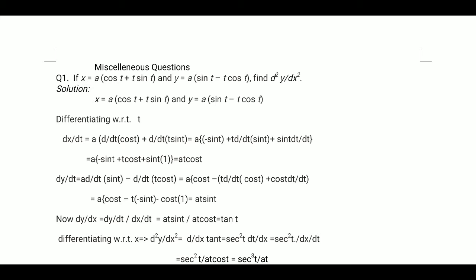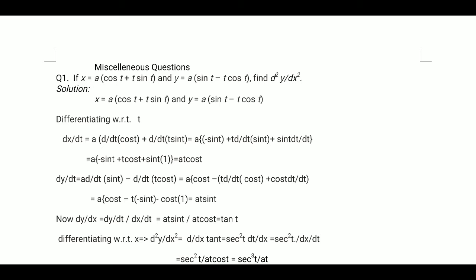Similarly, y is given as a sin t minus t cos t. Differentiating with respect to t, dy upon dt is equal to a [d upon dt of sin t minus d upon dt of t cos t], that is a [cos t minus (t d upon dt of cos t plus cos t d upon dt of t)] using the product rule on t cos t.